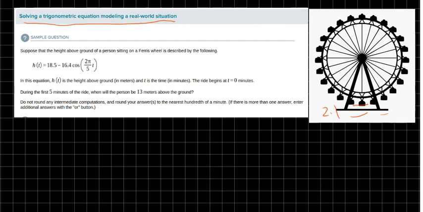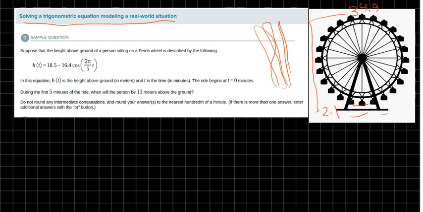The minimum value of the cosine is negative 1 times 16.4, which means 18.5 plus 16.4 is 34.9. So the highest up is going to be 34.9. It's going to be somewhere in that range, going up and down and up and down and up and down.